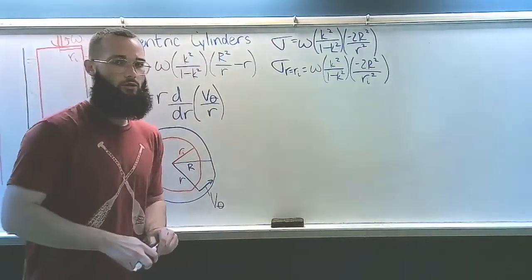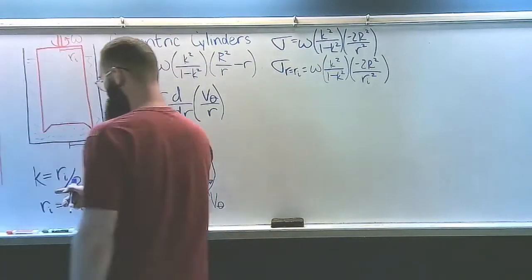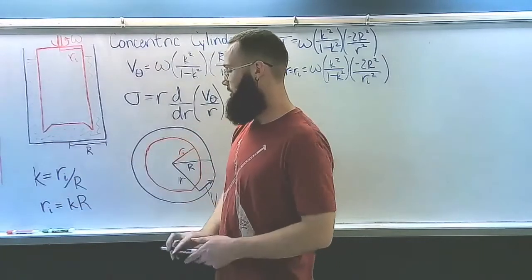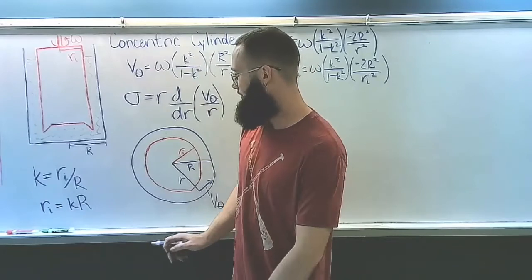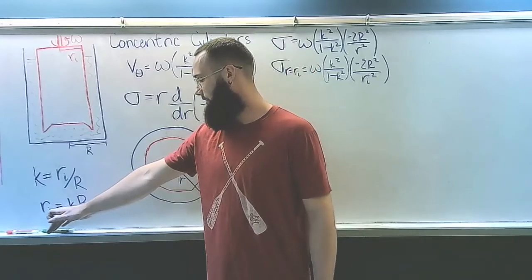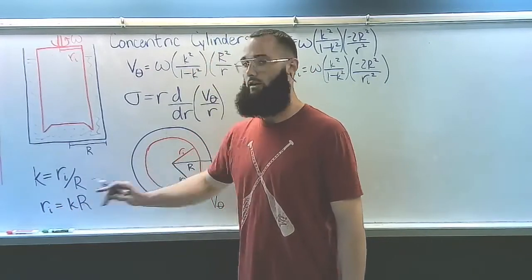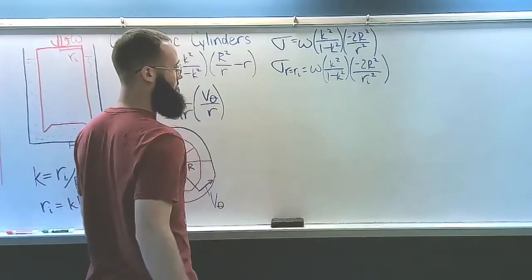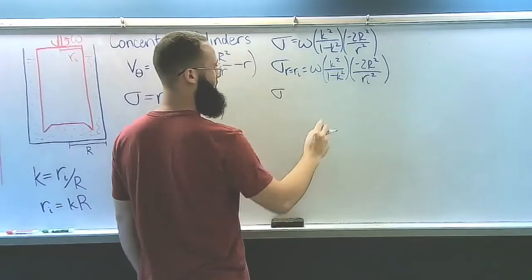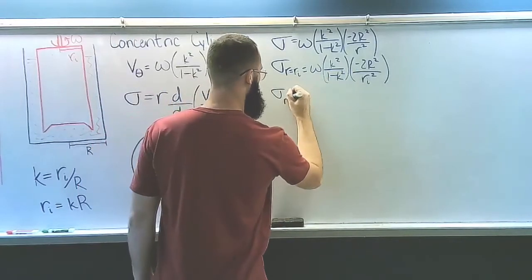And if you remember, we have this term k, which is a ratio of the inner radius to the outer radius. So a little bit of rearranging gives us the inner radius is equal to k times the outer radius. So we're going to sub that in for r sub i squared right there. And I'm also going to move this negative 2 out.